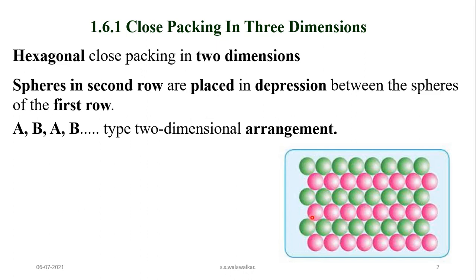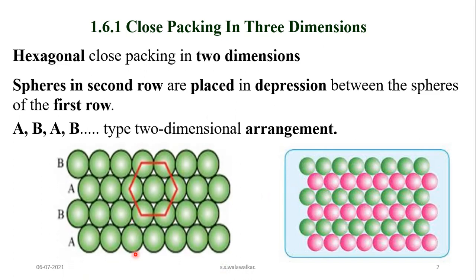If you observe this, the third row and first row are identical, and the second row and fourth row are identical. If you name the first row as A, then the second row is B, and again the third row is A. So every third row is identical in hexagonal close packing.